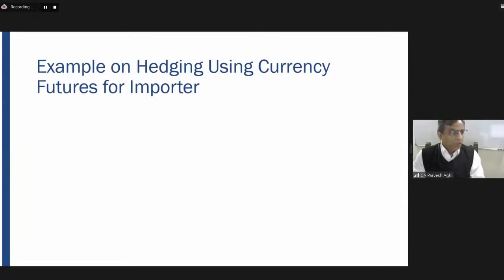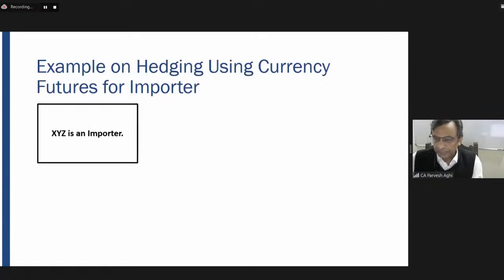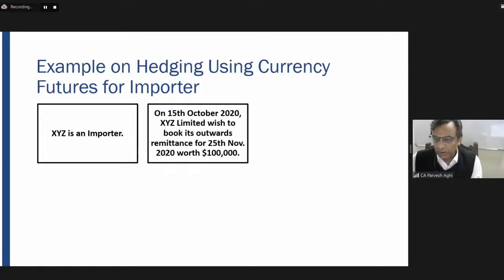Example of hedging using currency futures for import. We assume that you are an importer. You are going to make a payment abroad, and instead of using a forward contract, you are hedging using currency futures. XYZ is an importer.